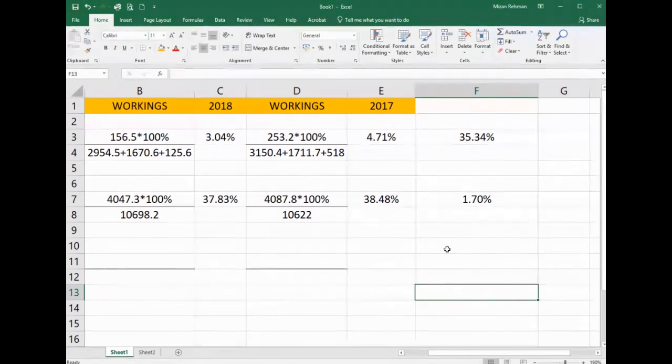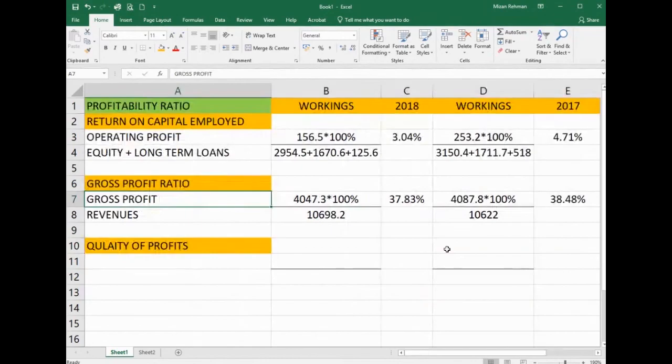How good is the GP itself? 38% is quite a good gross profit ratio. So this means that if a company sells something for 100, their gross profit is 38 pounds. That is quite good. Not excellent. There are some companies doing 50-60% GP ratio, but it is still very good.